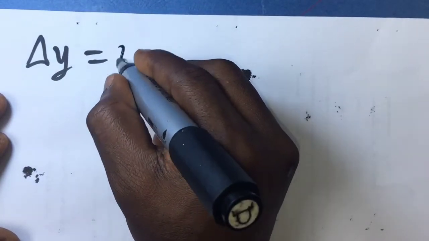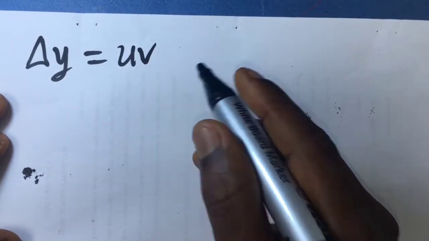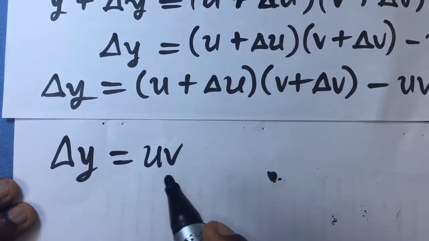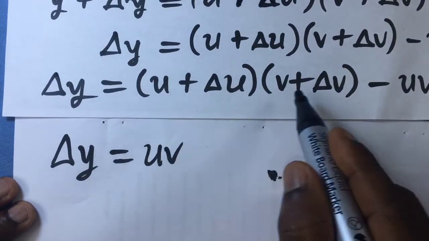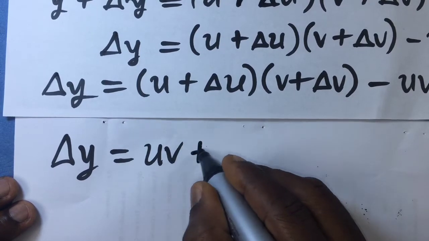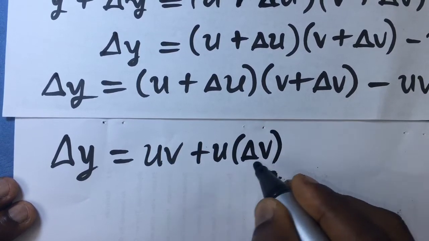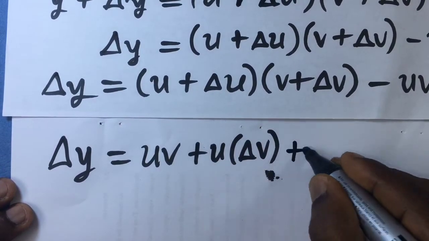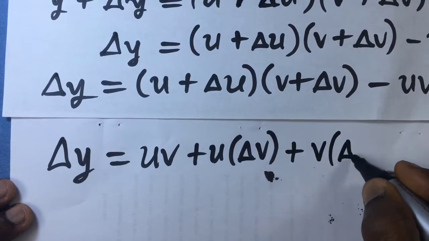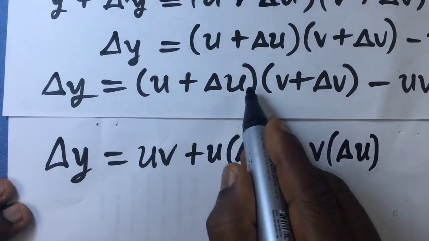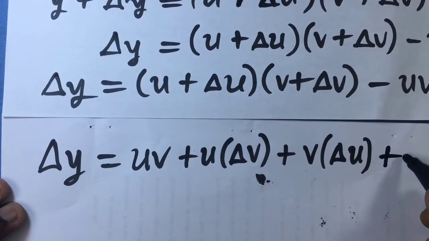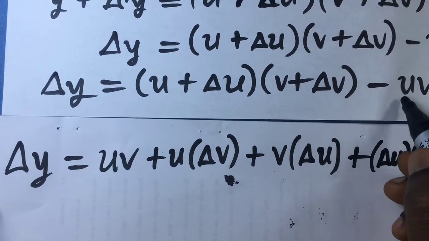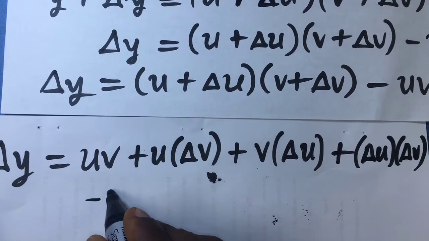So u times v would give me uv, u times change in v gives you u times change in v, then change in u would multiply v to give you v in bracket change in u, then change in u will multiply change in v to give you plus change in u in bracket change in v, then we are going to bring this in, minus uv.